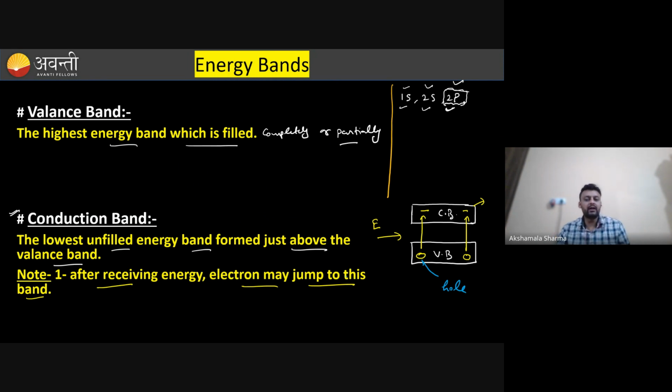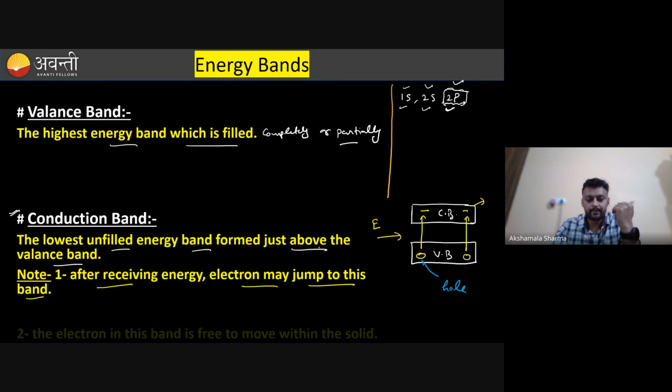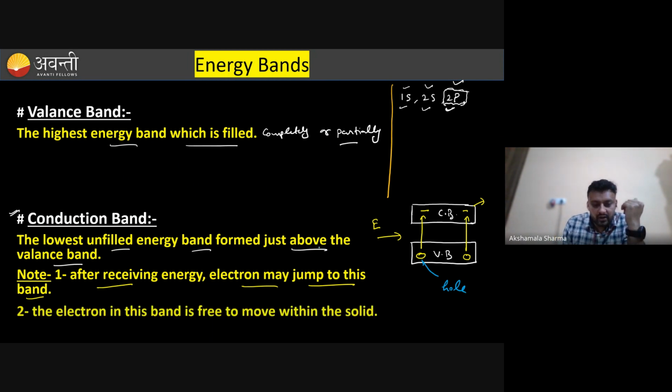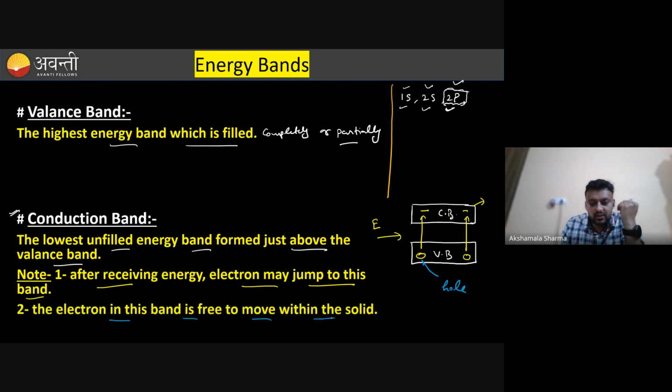Another punchline: the electron that has jumped to the conduction band behaves like a free electron. It is free to move within the solid.